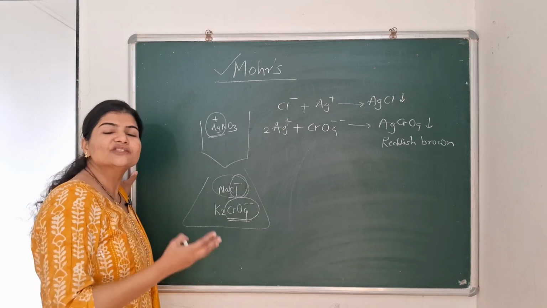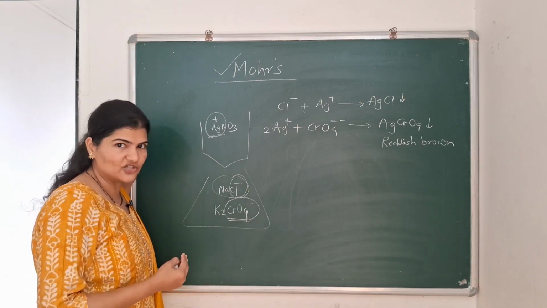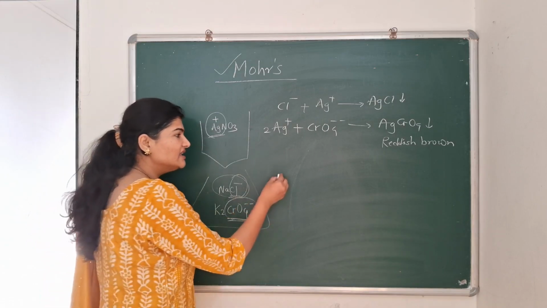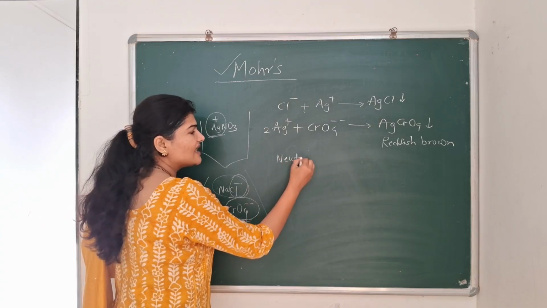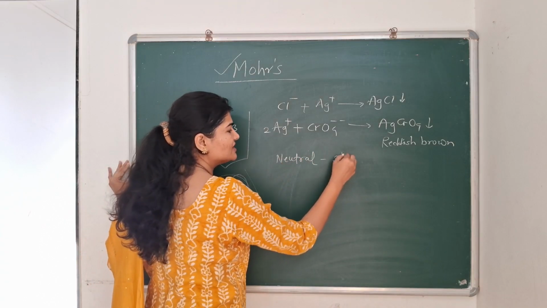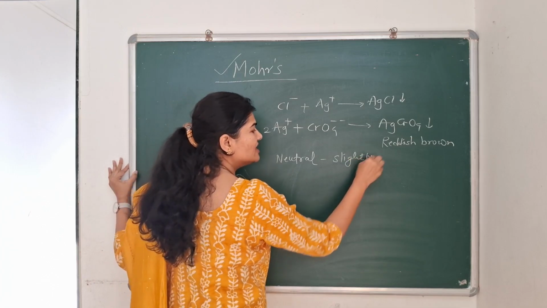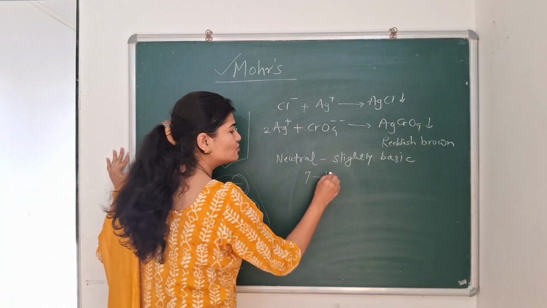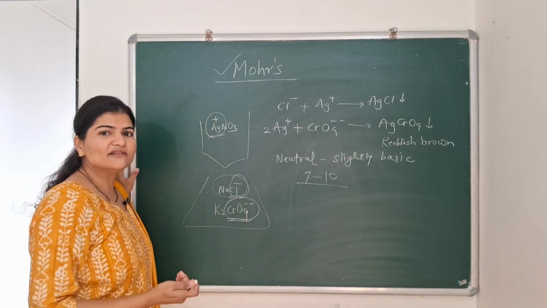Now what are the conditions we need to take into consideration? First, this titration has to be carried out in neutral to slightly basic pH. So it is very important that we maintain the pH in the level of 7 to 10. Now why this is important?